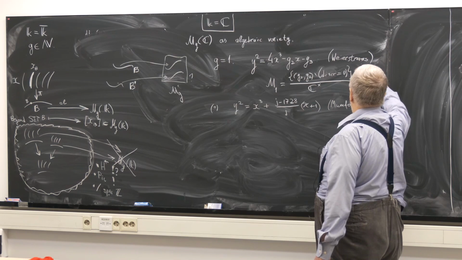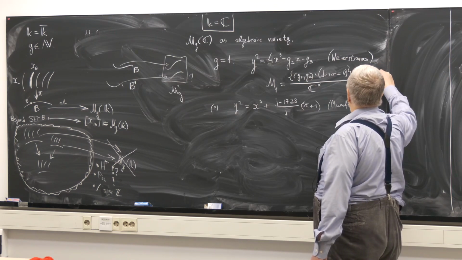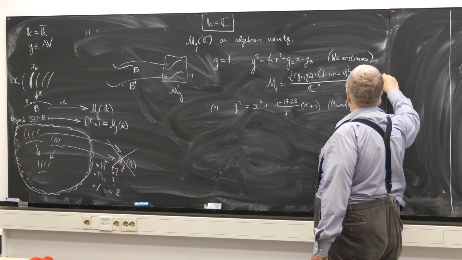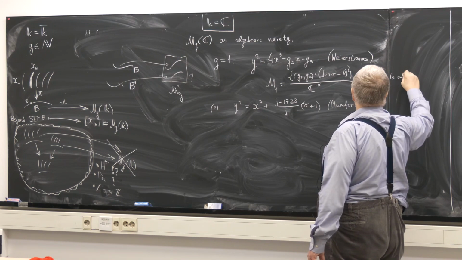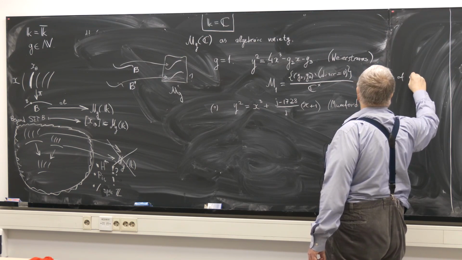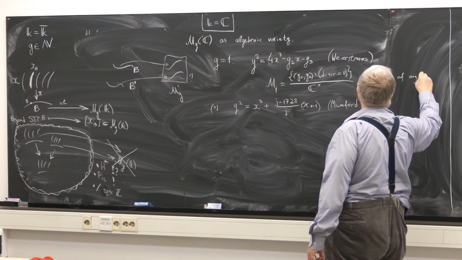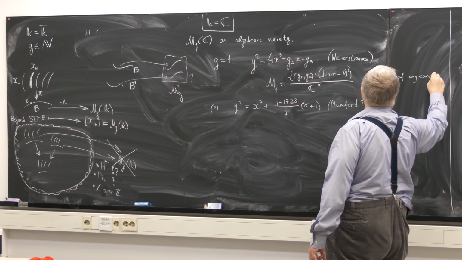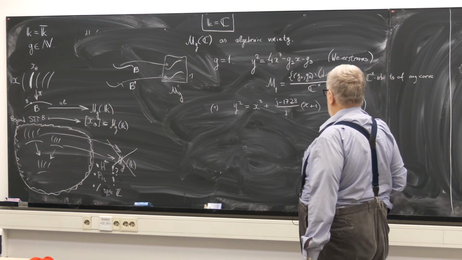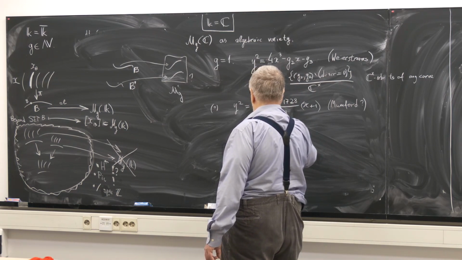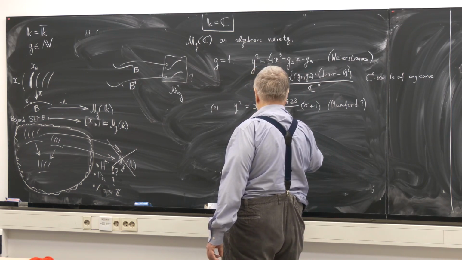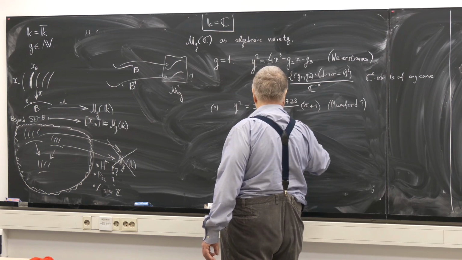So here we have the multiplicative orbits of any curve, and this one could be said to be almost universal.